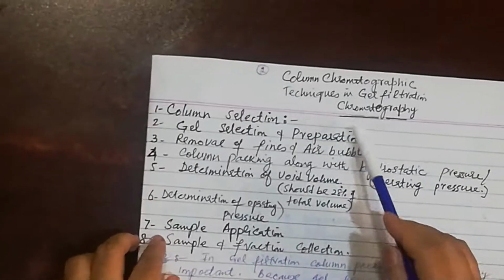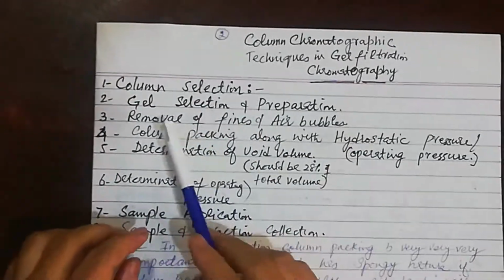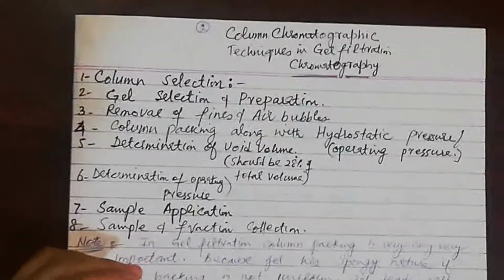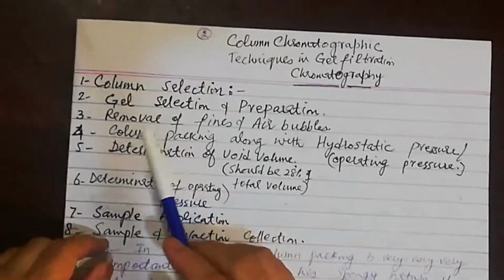Now the column chromatographic technique in gel filtration chromatography is very important, and uniform column packing is very important.